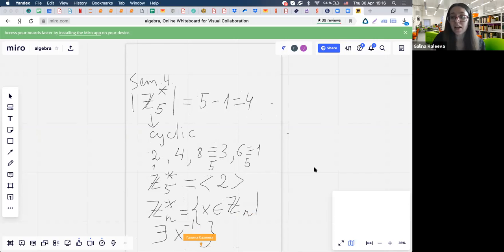So for every element, there exists the inverse additive element. For example, for 2, this inverse element is minus 2, which is 3 modulo 5. It's not a problem. And for 0, this is also 0, because 0 plus 0 equals 0 in the additive case.